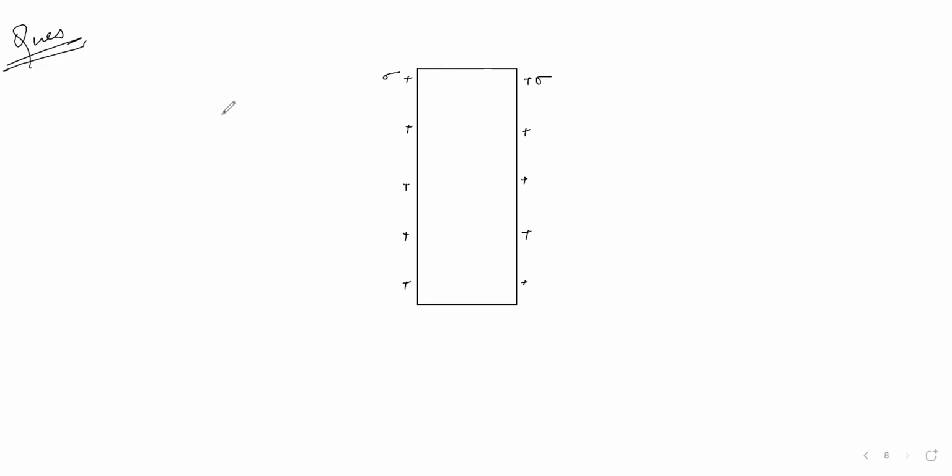This is your region 1. And this one is your region 2. This one is your region 3. It is saying to calculate the field in region 1, region 2, and region 3 due to this thick metal sheet. This is your thick metal sheet.